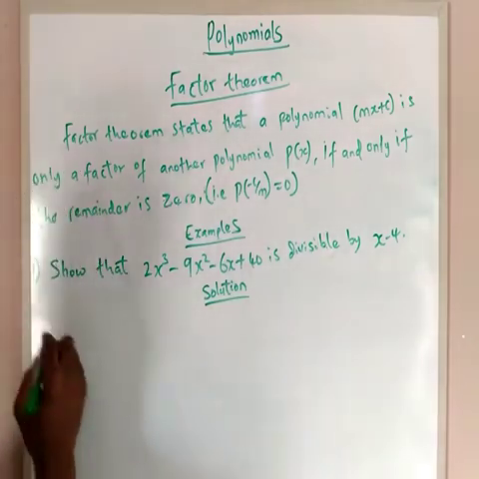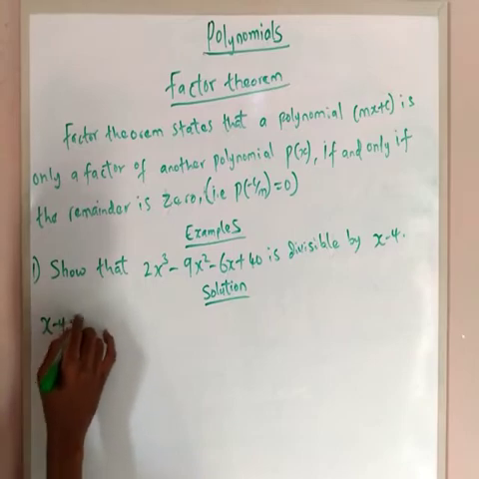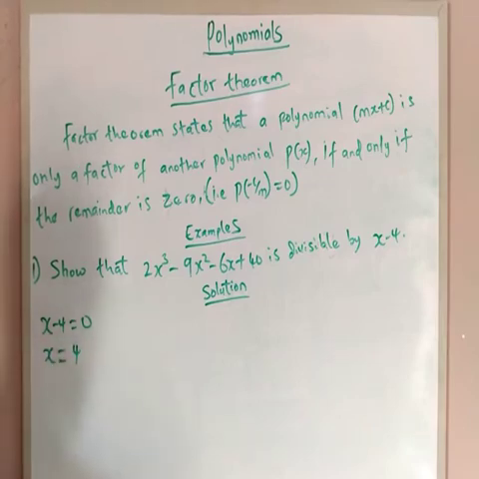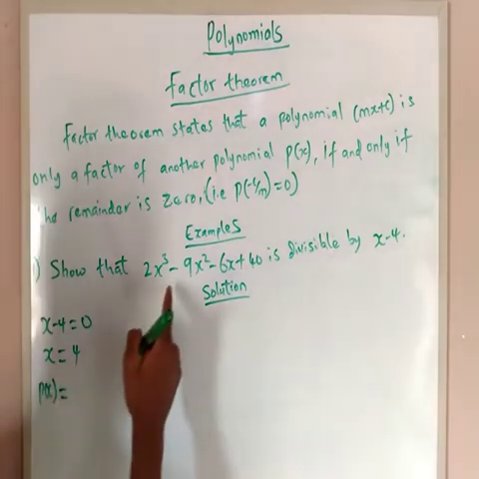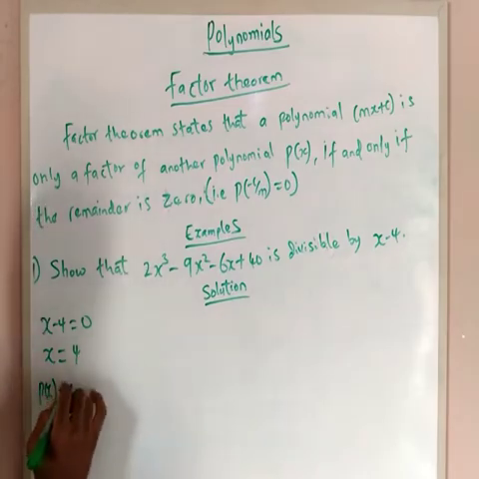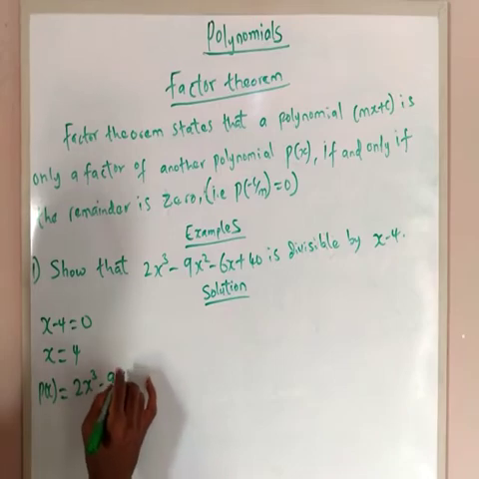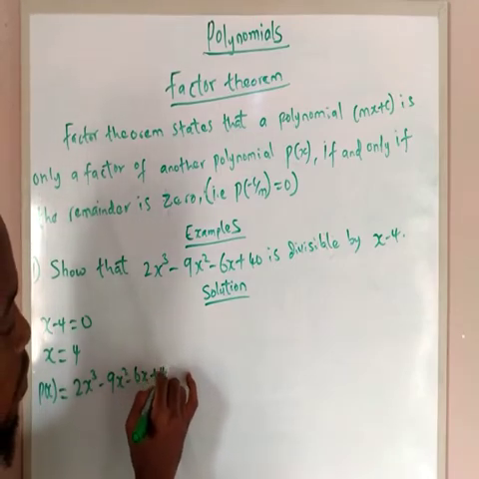Now, our divisor is x minus 4, so we equate it to 0. Then we make x the subject of the formula. That means x is equal to 4. Now our p of x, which is the polynomial that we want to divide, or we call it the dividend, is 2x raised to the power 3 minus 9x squared minus 6x plus 40.